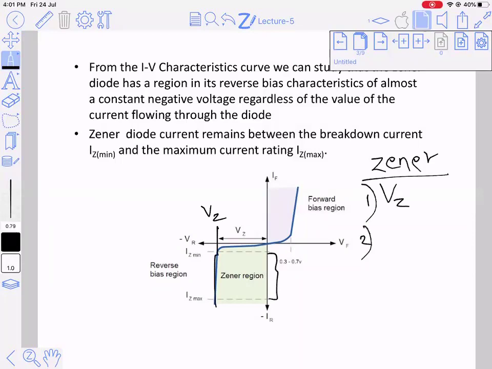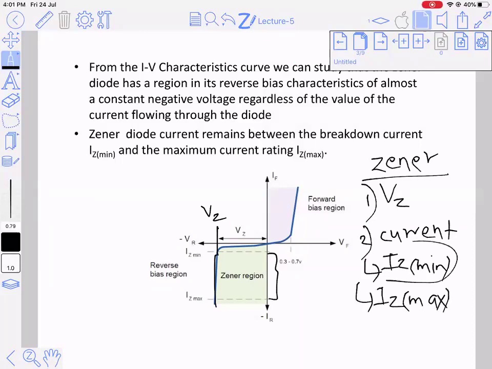So when I talk about current, there are two currents, IZ minimum and IZ maximum. I need at least IZ minimum amount of current to flow in my circuit, and the maximum allowable current is IZ max. So the Zener diode for regulation acts in the reverse bias region.